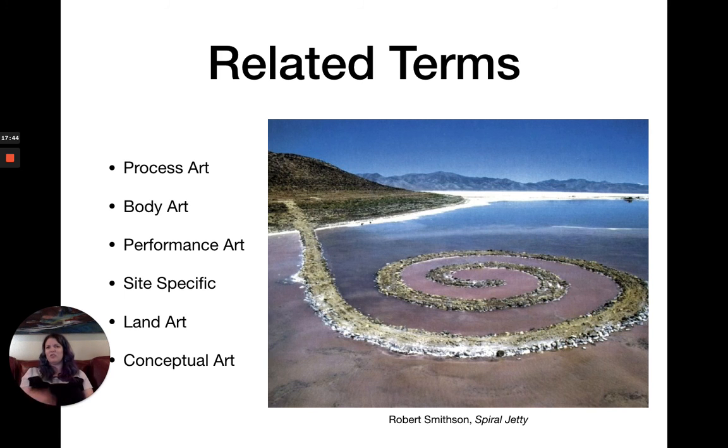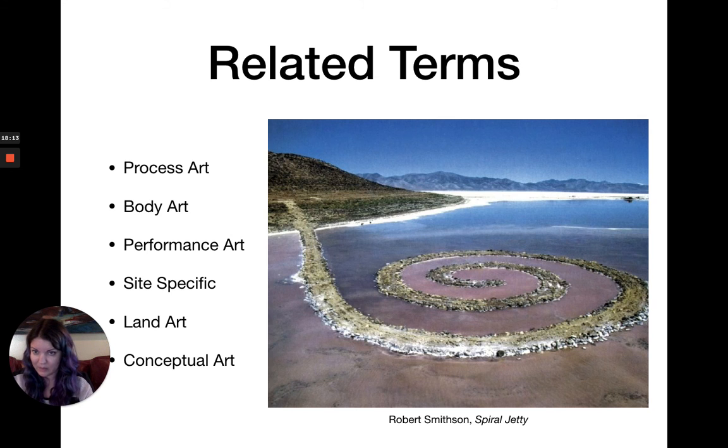Okay, and then at the end, those are just some examples of different kinds of installation art. And then I just want to go through some words that are kind of affiliated and related to installation art. So process art, art in which the process of making it, or the interaction, or the process of experience completes the work, where it's not so much about the end result as it is about the experience and the process.